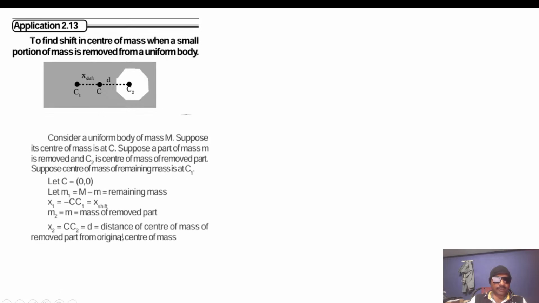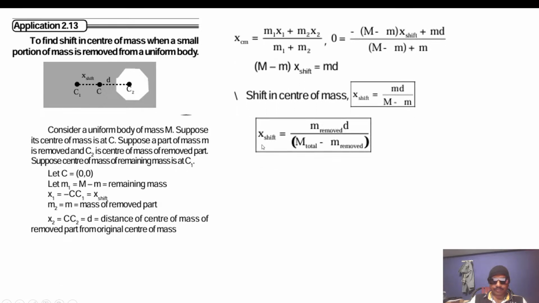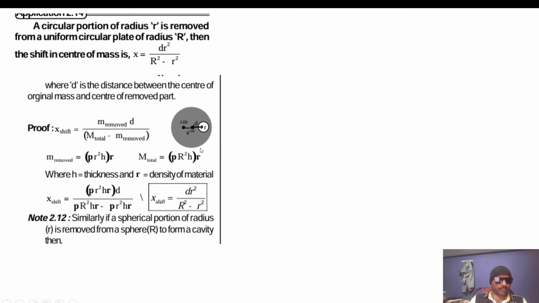So the direct formula is x shift, the shift of the center of mass, equals the mass of the removed portion into d, where d is the distance from the original center of mass to the removed portion's center of mass, divided by the total mass minus the removed mass. This is important.